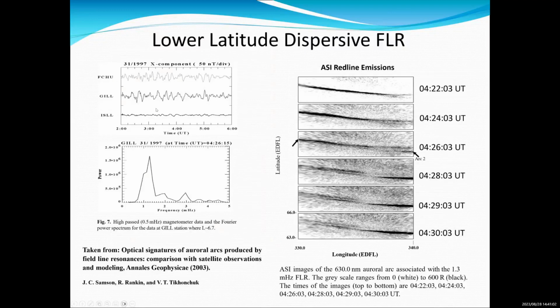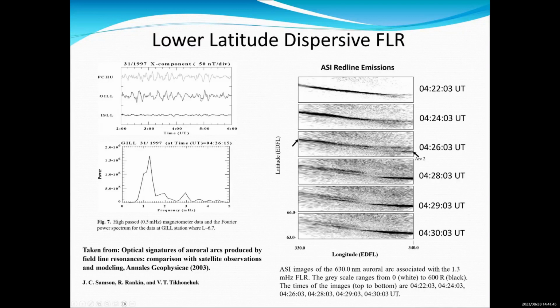In the magnetometer data, you're seeing a wave that is peaking at the latitude of Gillam, which is roughly geosynchronous, and then the amplitude drops off as you move northward and southward of Gillam. If you take the magnetometers and look at the power spectra, you've got a peak at around 1.3 millihertz.